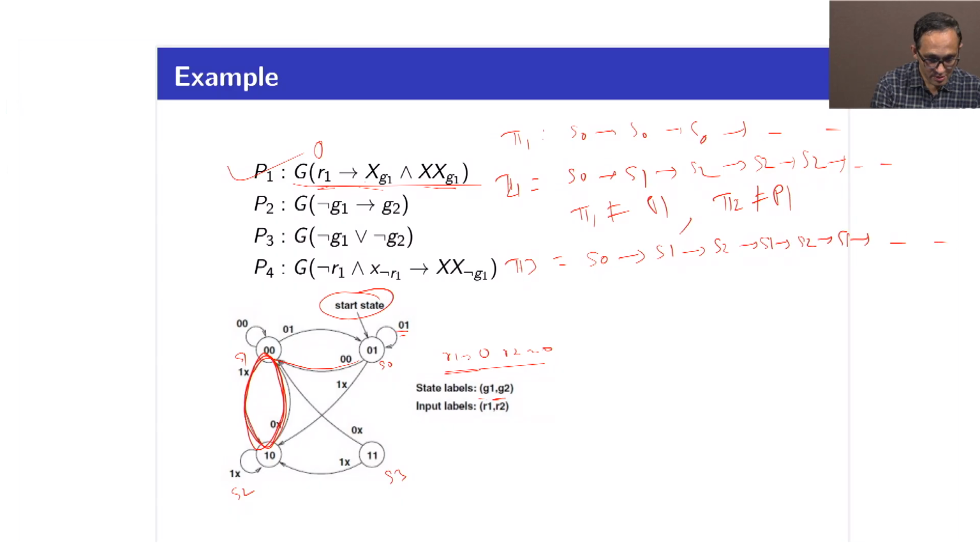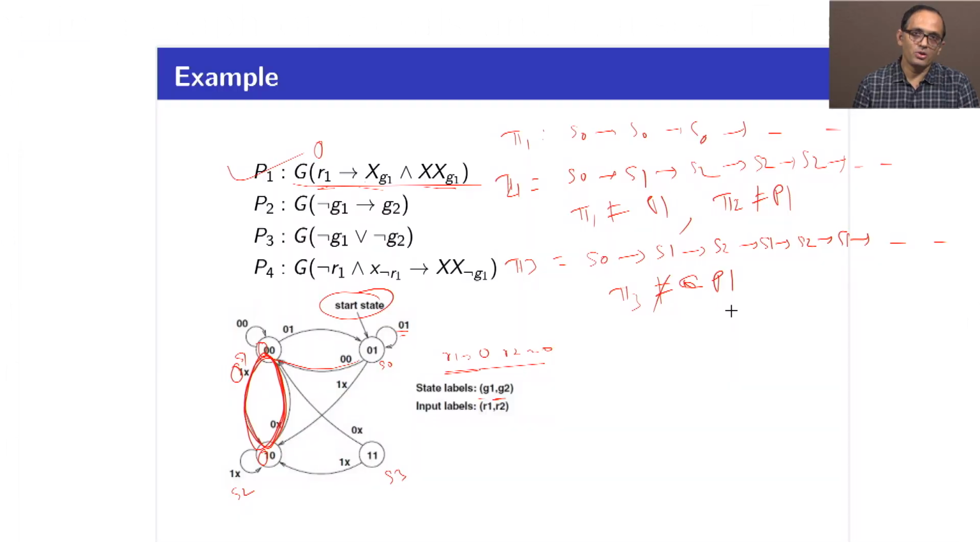Now, you see here you have R1 equal to 1, next state G1 is fine, but it says that the next state also G1 should be true, but I am coming here and G1 is false here. So, this path is not satisfying this property, right. So, that means pi 3 does not satisfy P1, right.